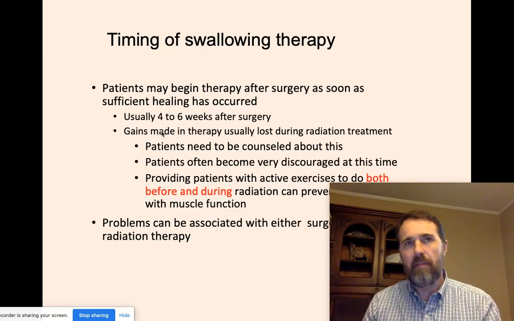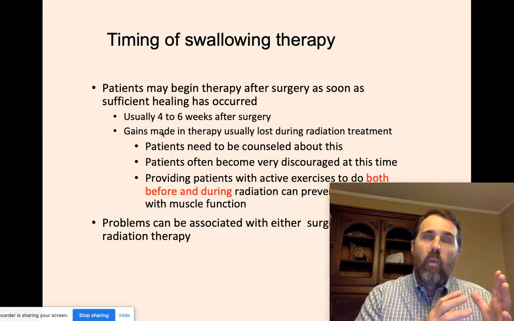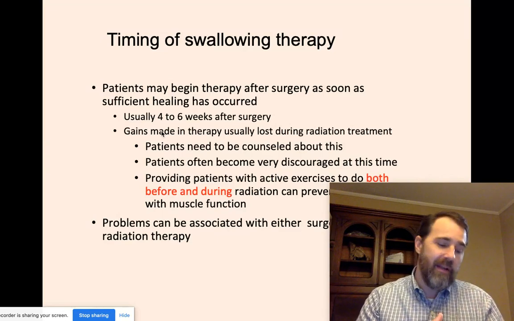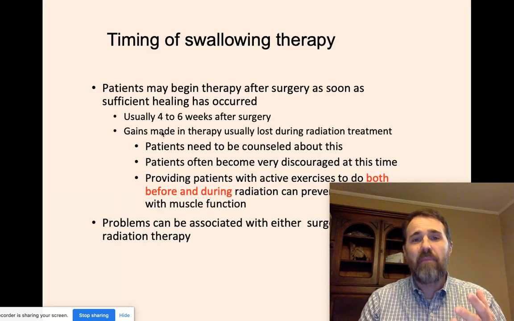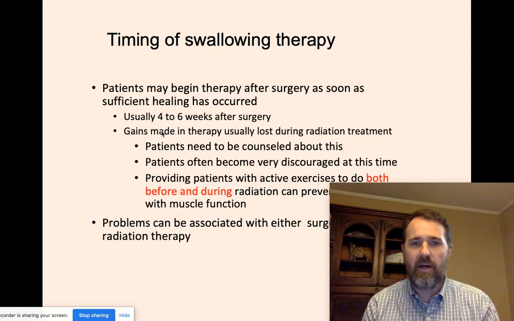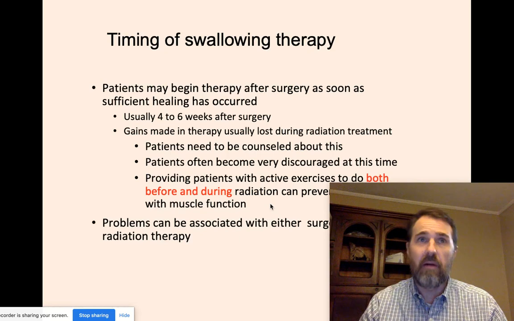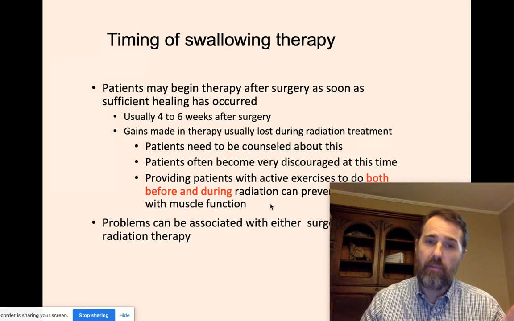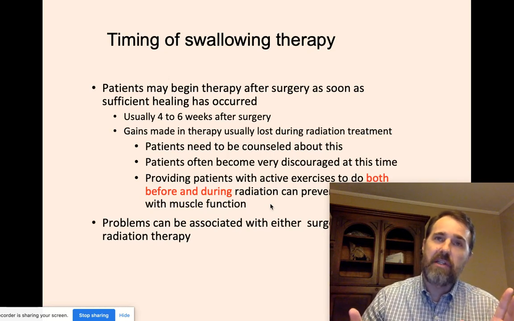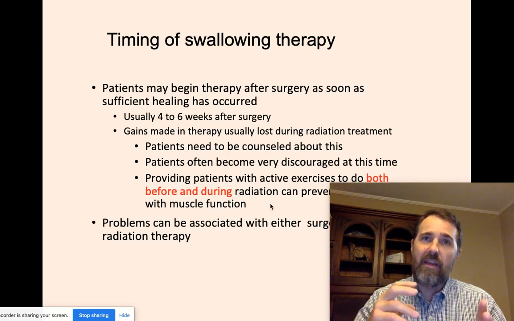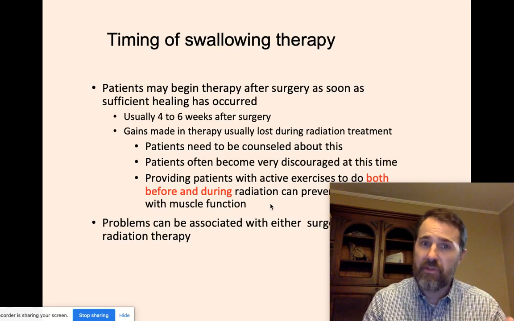As I've already mentioned when I was talking about therapy for fibrosis, what we've gotten to now is that patients begin therapy either before surgery or after surgery as quickly as possible. And if radiation comes after surgery, which it probably will, then the gains that the patient made in their swallowability after the surgery are at risk.